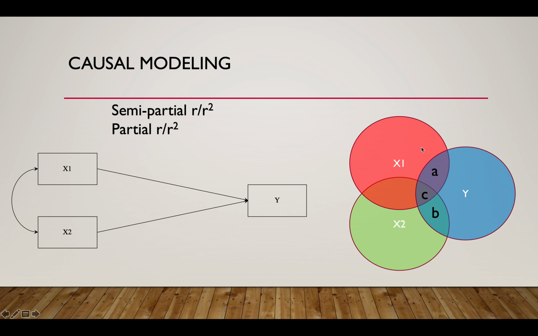What you'll find is that the bivariate correlation between x1 and y is the highest correlation coefficient that you'll find between these two variables. The second highest is going to be the semi-partial correlation coefficient. I'm sorry, the partial. The semi-partial is actually going to be the lowest correlation coefficient that we'll find here.